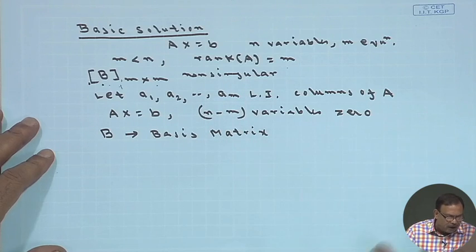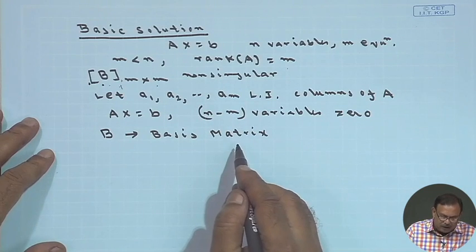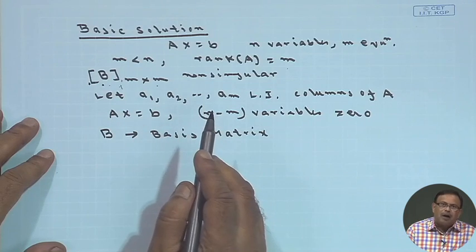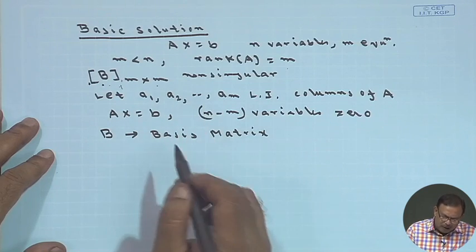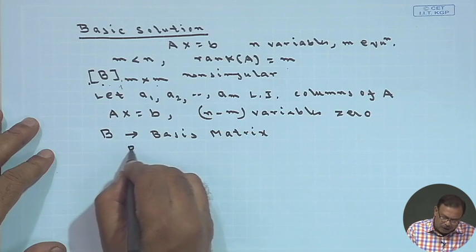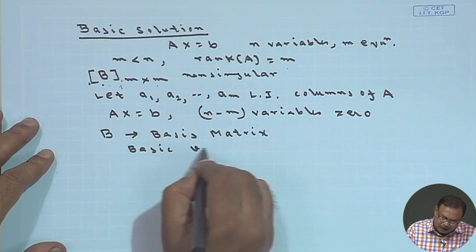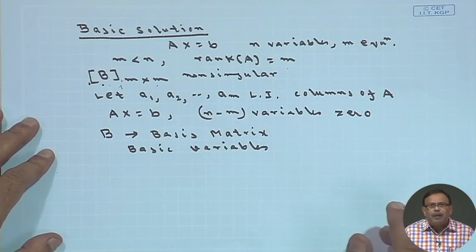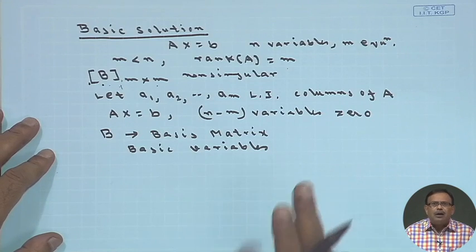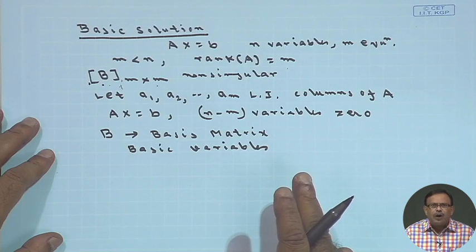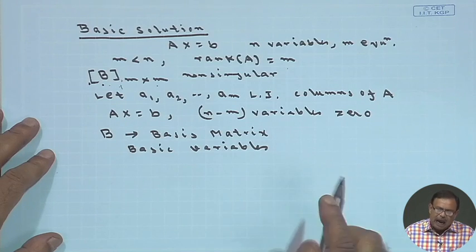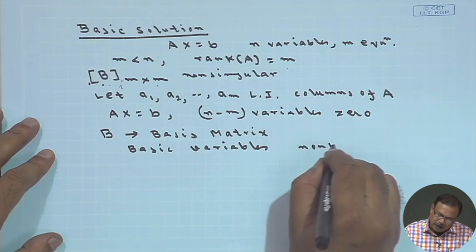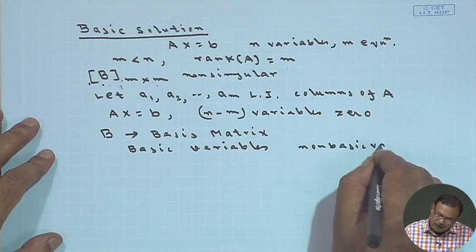This is known as the basis matrix. The decision variables corresponding to these linearly independent columns are known as basic variables, and the remaining n minus m variables we call non-basic variables.